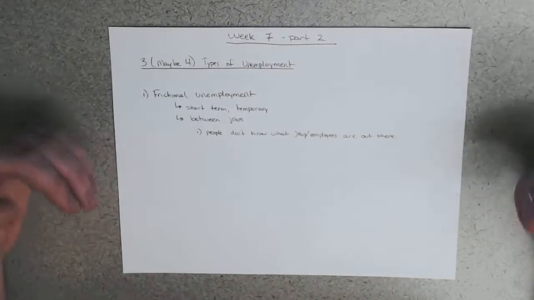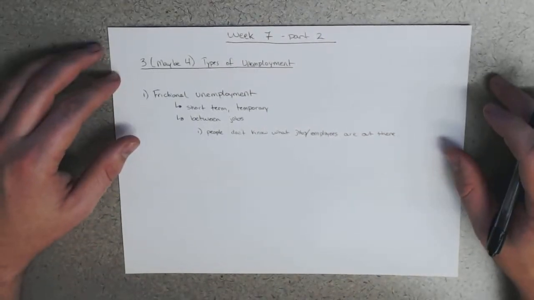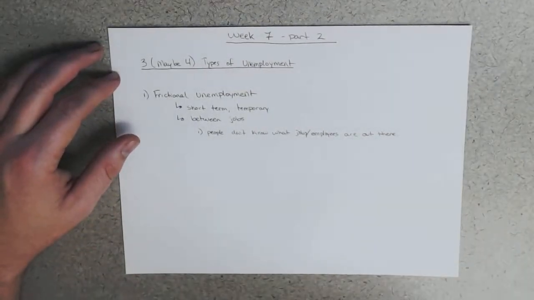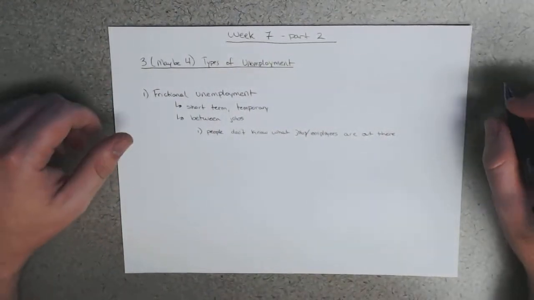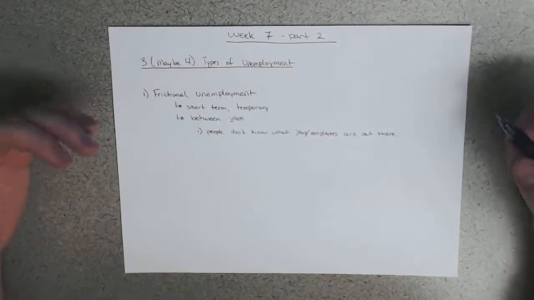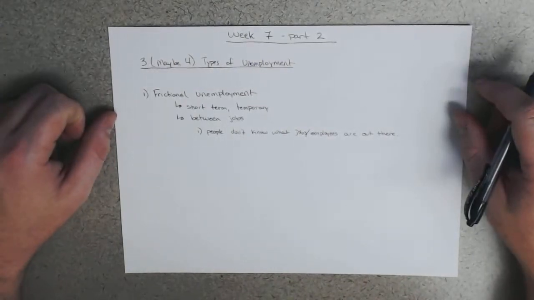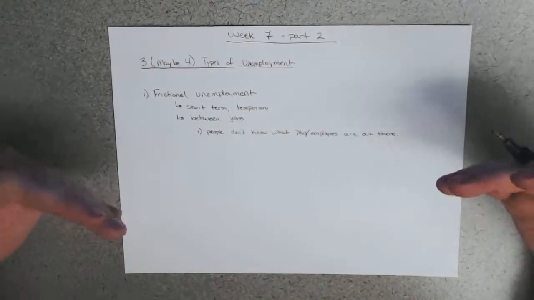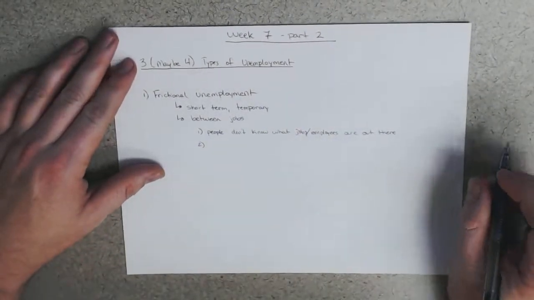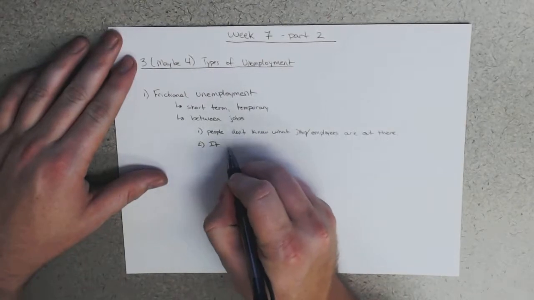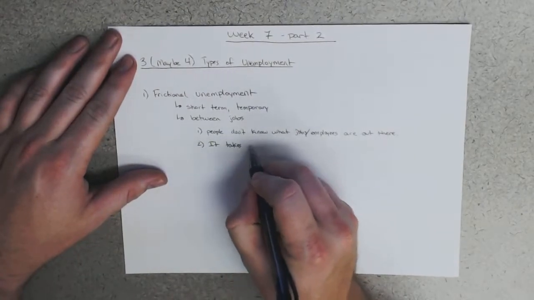No one knows everything about all the job markets. As a result, employers have to search for employees, and employees have to search at some level for employers. These would all be frictional cases of unemployment. That search takes time.